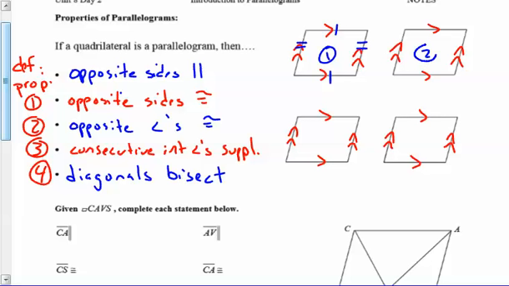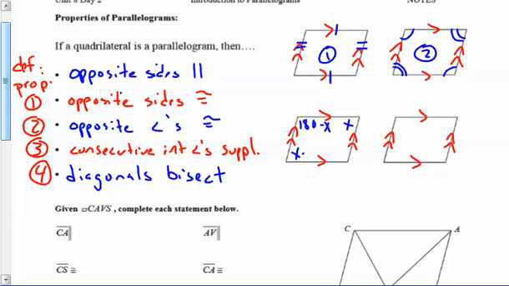Property 2 states that opposite angles are congruent. So this angle will be congruent with this angle. Opposite angles are congruent. If I say that consecutive interiors are supplementary, that means these 2 angles have to be the same, and this one has to be 180 minus x, because 180 minus x plus x gives you 180.